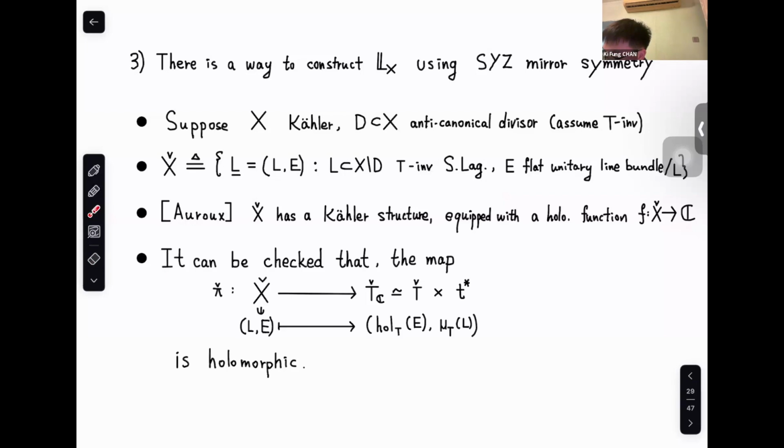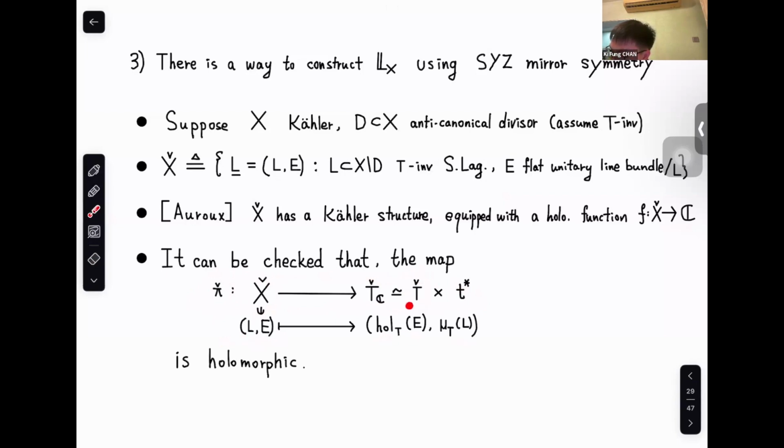On the other hand, because now we are using the T action, you can also define a map from X check to TC check. So TC check is equal to T check times R star. And then that map pi check is sending a point (L, E) to 2 components.